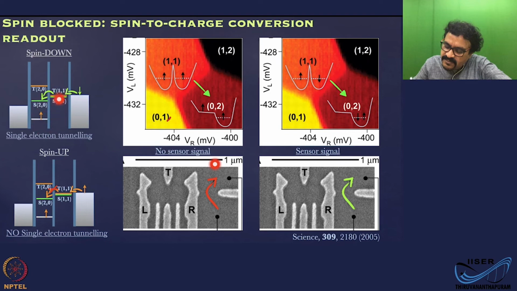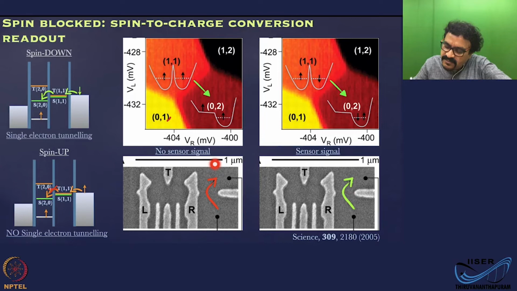If that spin is down and this spin is up, then that's a singlet state. If it has formed a singlet state, then it can tunnel back. It can form a 2-0 state or 0-2 state, depending upon which direction the current is flowing, which segment of the shell, which honeycomb you're talking about. Okay, 0-2, 2-0, it doesn't matter.